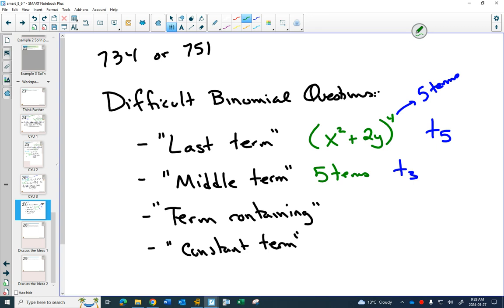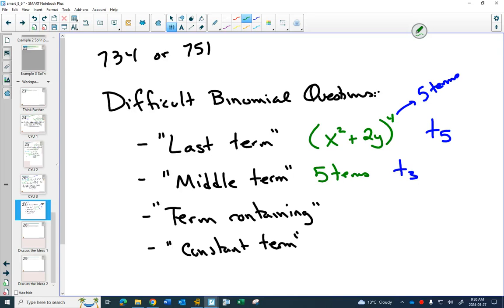Does it make sense that you only have a middle term if you have an odd number of terms? If I have 4 terms, there's none in the middle, because there's 2 on this side, 2 on this side. There's no middle term if you have 4 terms. But 5 terms, you have a middle term. 3 terms, you have a middle term. 7 terms, it'd be term 4.